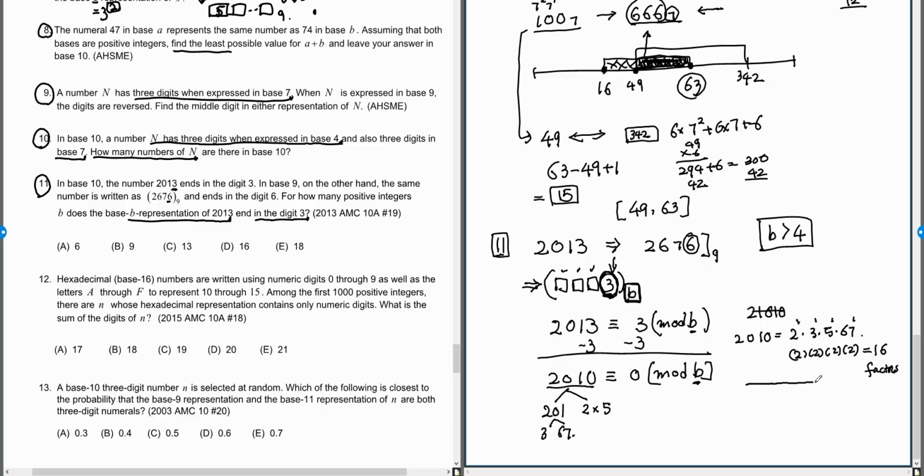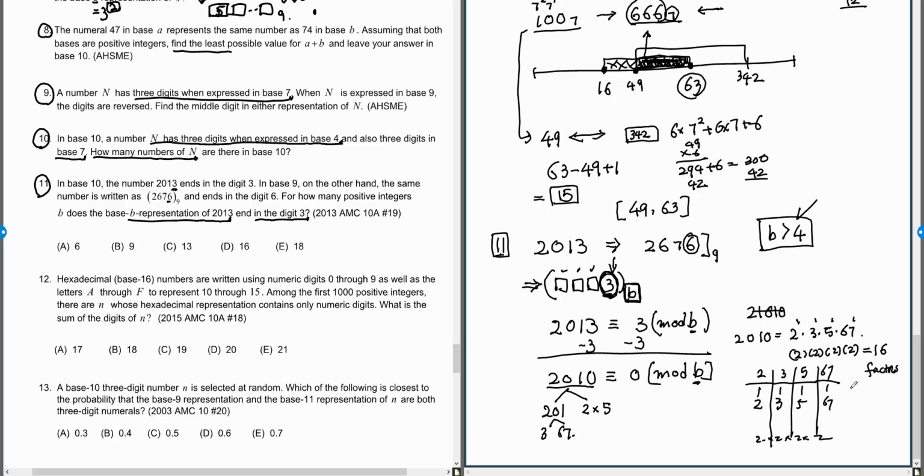When you factor, you can see 2, 3, 5, 67, always choosing 1 or the prime, so we multiply 2 times 2 times 2 times 2. But the factor should be greater than 4.